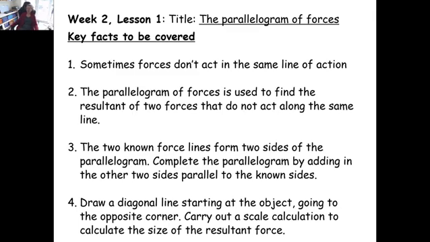To find your resultant force, you then draw a diagonal line starting at the object and going to the opposite corner. And it's very important to draw a scale diagram accurately using a pencil, a ruler and a protractor so that you can work out the resultant forces accurately.